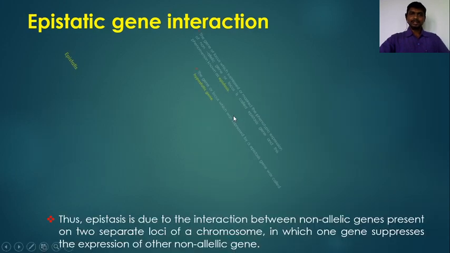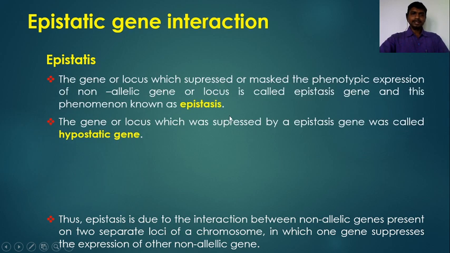Okay. Now after this, we are going to start the epistatic genetic interactions. Up to this point in the lecture, we completed the non-epistatic genetic interactions that comprise complementary genes and duplicate genes.